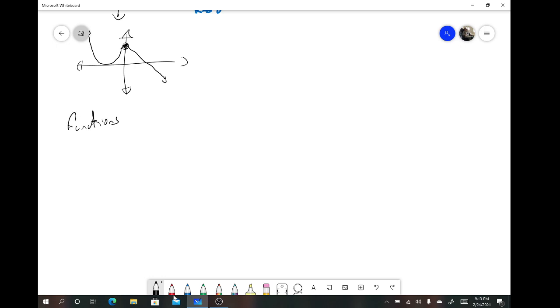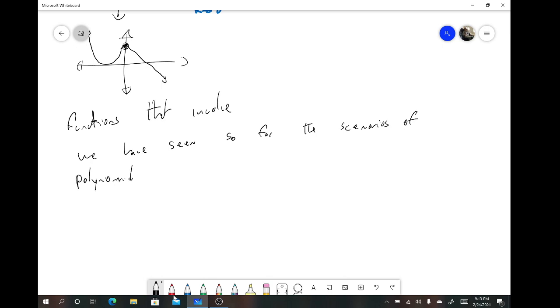functions that involve roots. We have seen so far the scenarios of polynomial functions and rational functions.